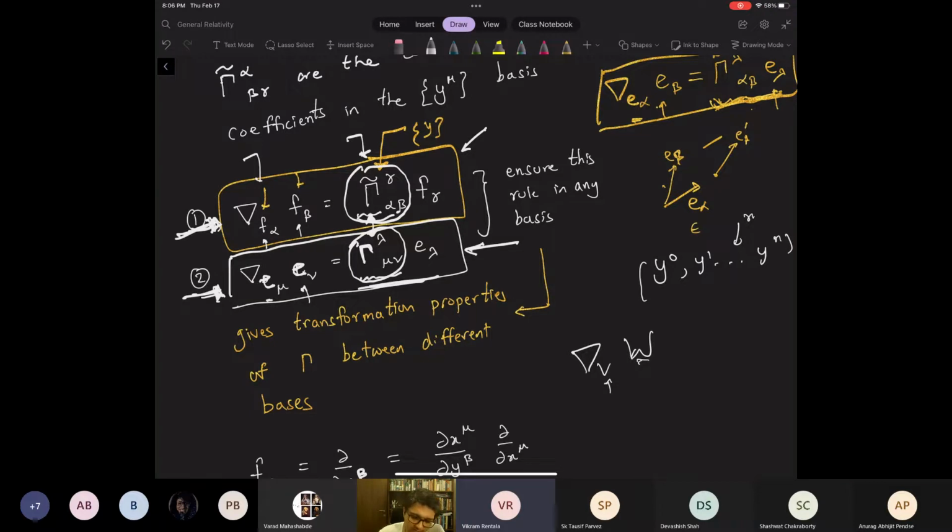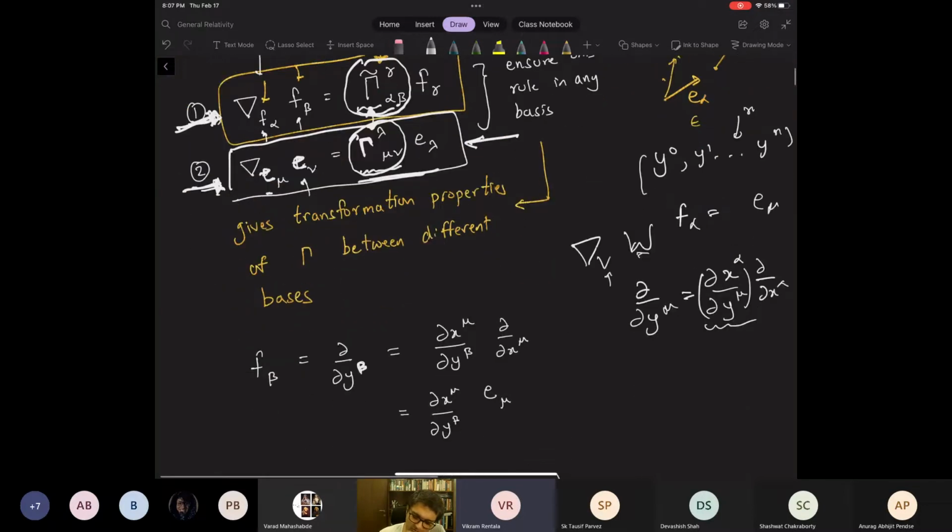Because any of these f alphas you can now replace by a linear combination of these e mu's. Basically partial y mu is partial x alpha partial y mu partial x alpha. So these are the basis transformation coefficients. So f mu equals partial x alpha partial y mu e alpha.